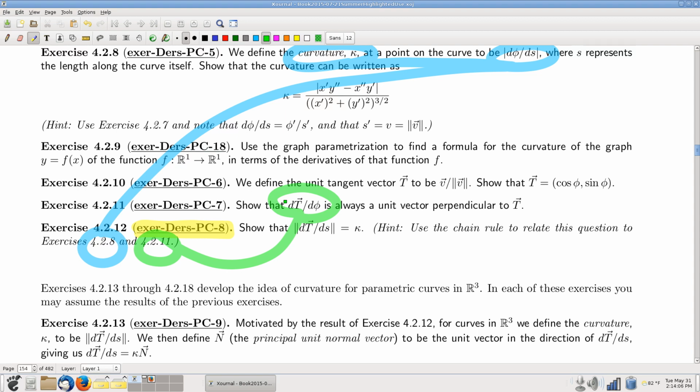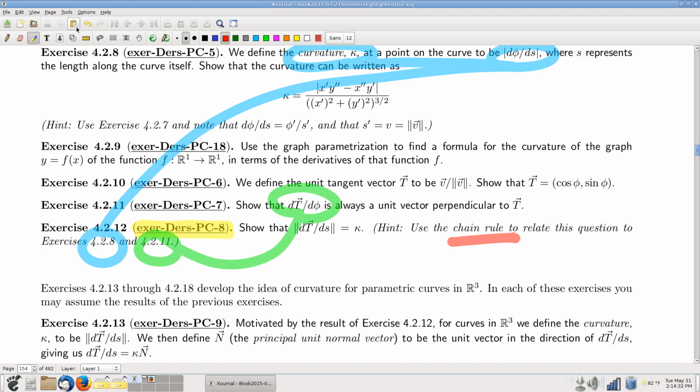So we've got d phi ds, we've got dt d phi, and it says to use the chain rule somehow in all of this. Well, the things that we're relating are t and phi and s. And dt ds is the thing that we're claiming is equal to curvature, right? So I'm going to write down dt ds and use the chain rule exactly as the hint suggests.